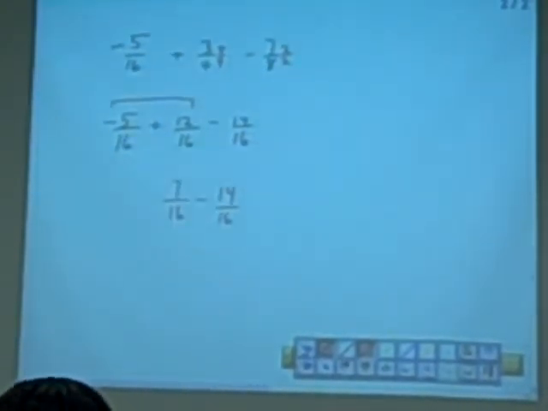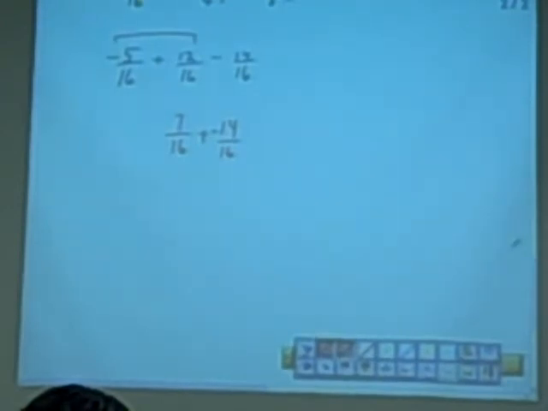Okay, so now we have 7 minus 14, and if you want to change that minus sign to a plus, change the sign of the next number, we can do that. So now we've got a positive 7 and negative 14, and that gives us a what? Negative 7 over 16. Check to see if we can simplify, which we cannot, and that's our answer.